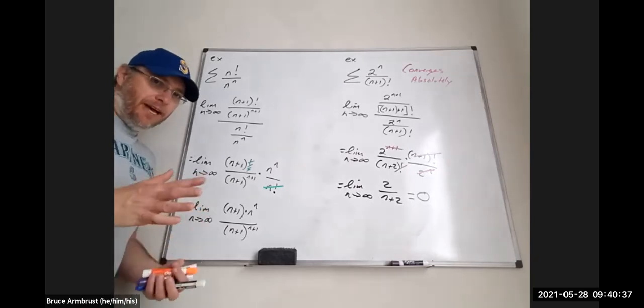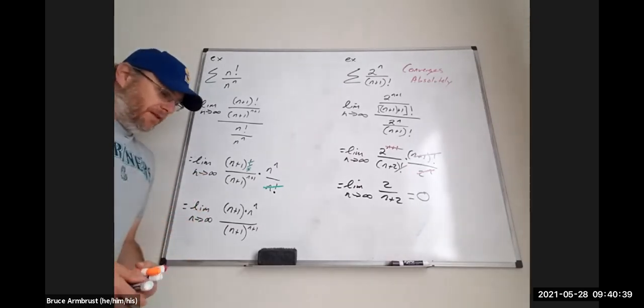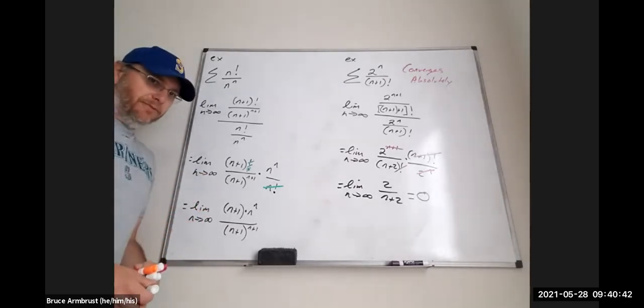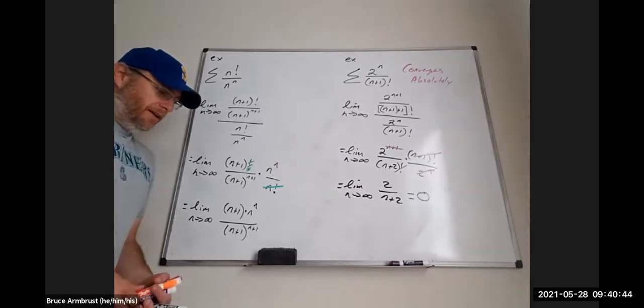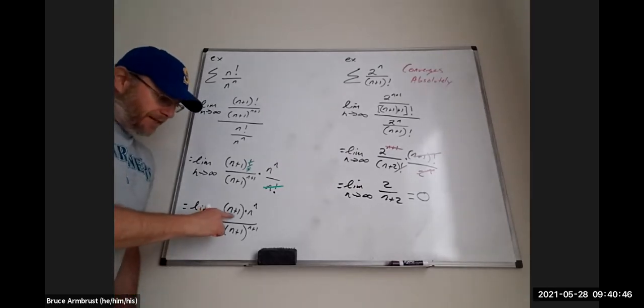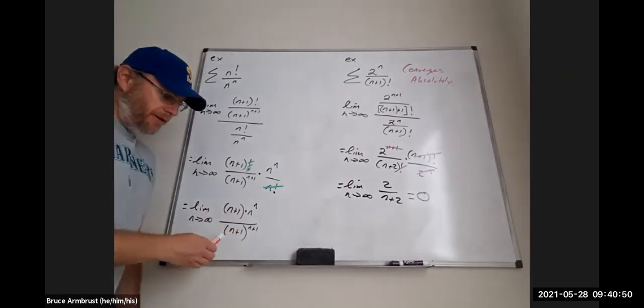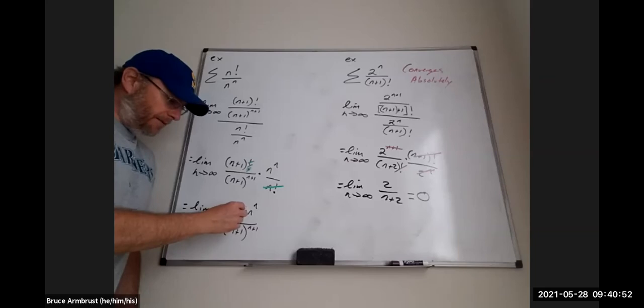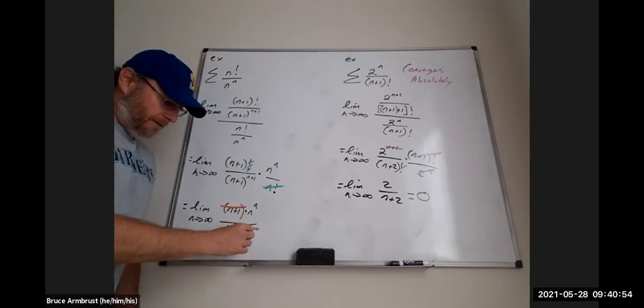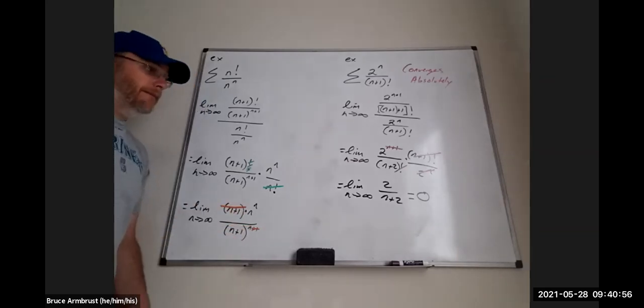But before you freak out and go, well, we're hosed, we're not actually. We're still good here. Because this n plus 1 that stayed from the factorial actually is going to cancel with one of them on the bottom. So I'll just erase that plus 1.